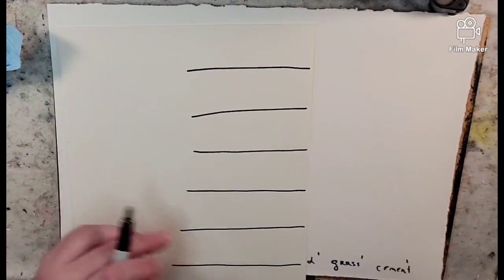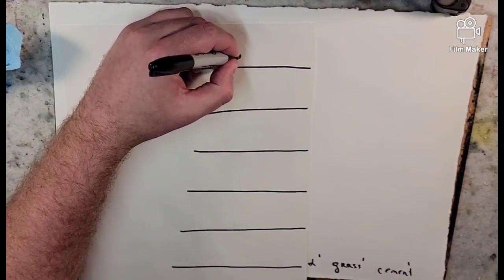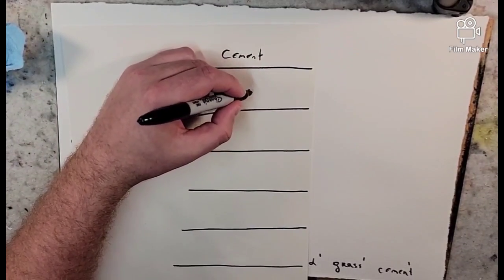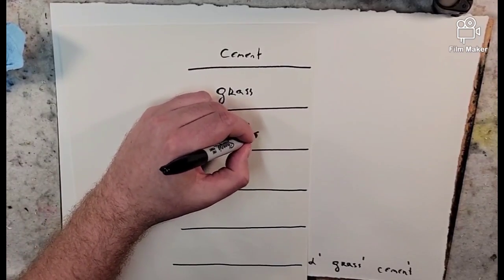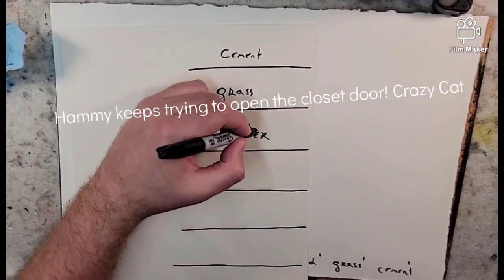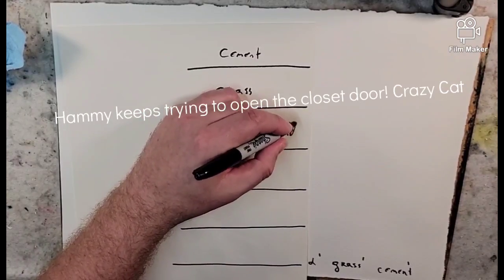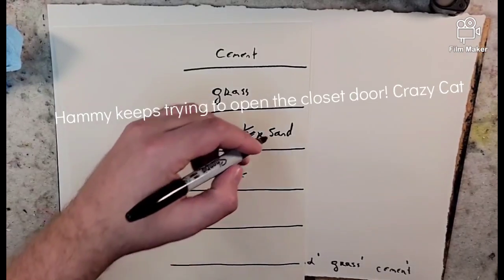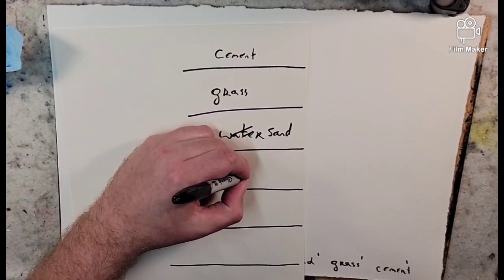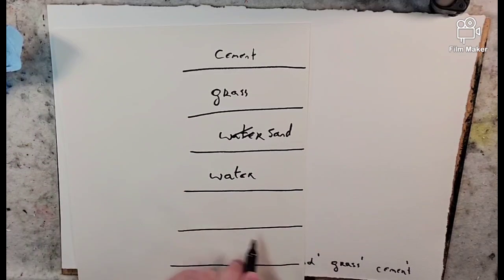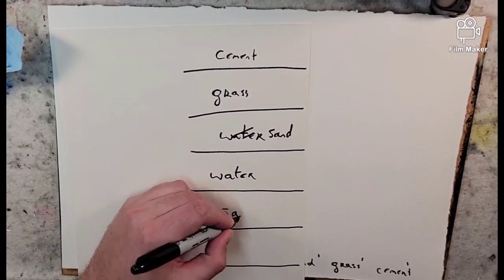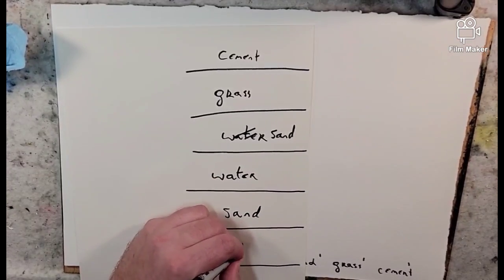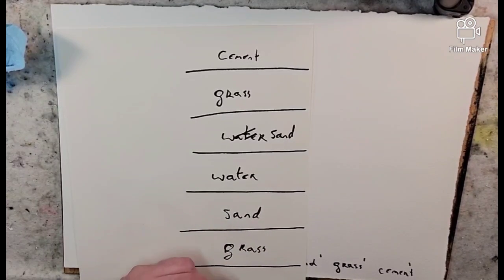It would look wrong if we painted it as cement in the far distance, grass a little bit closer, that's that far side, sand, water, then we have the sand, then we have our grass, which is closest, and then we have the cement.